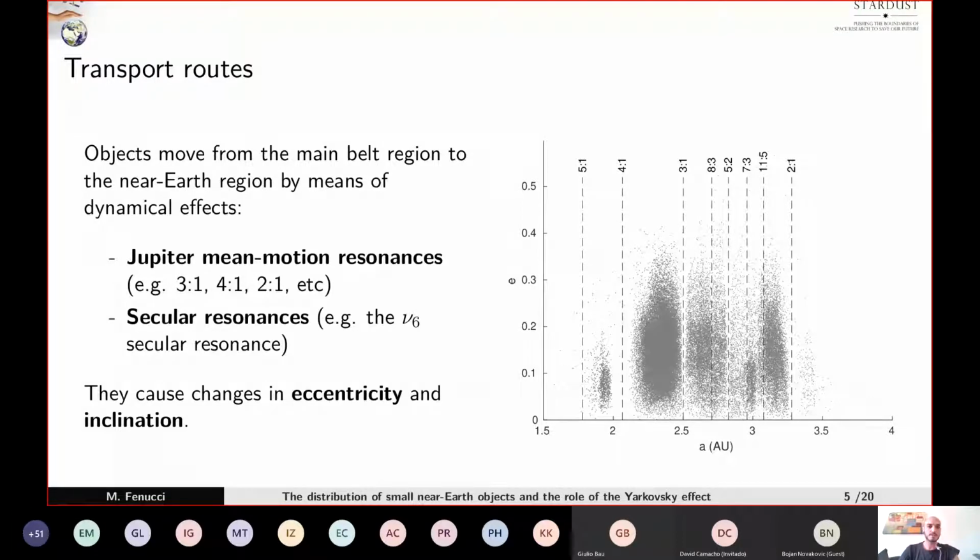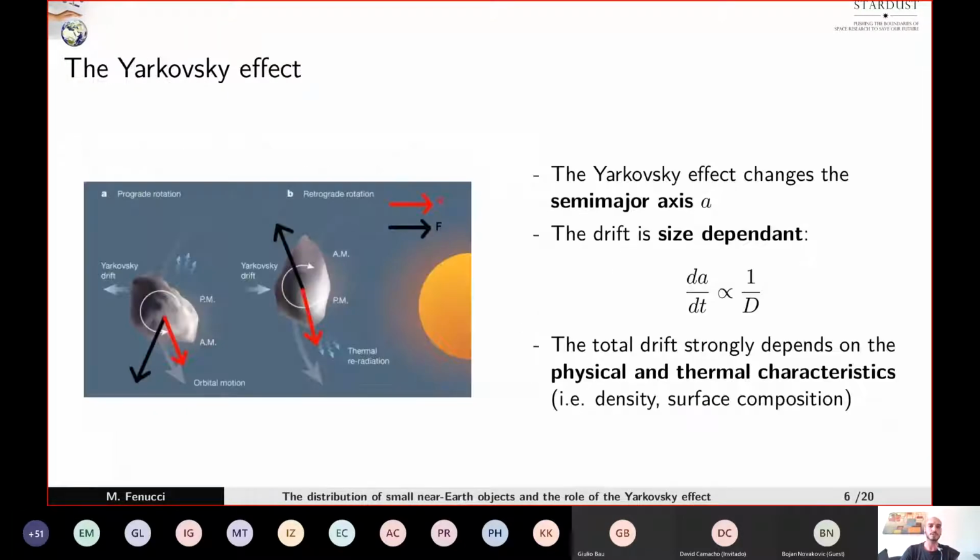Besides these gravitational effects, we also have non-gravitational effects, such as the Yarkovsky effect. The Yarkovsky effect is a recoil force due to sunlight. These objects are heated up by the Sun, and they radiate energy in the thermal wave band, and this causes a small and continuous thrust. The main effect is a change in semi-major axis, and this change is positive if the rotation is prograde, and negative if the rotation is retrograde.